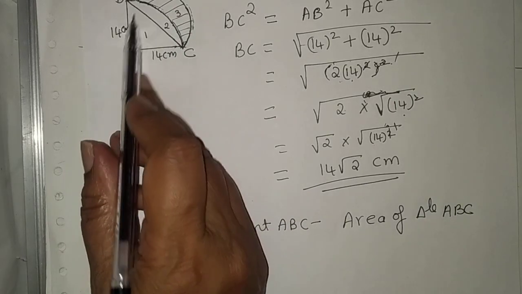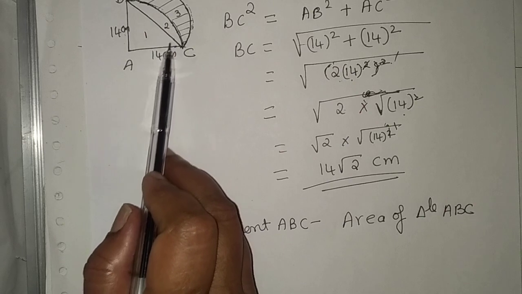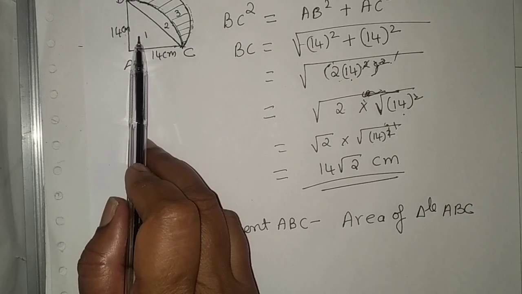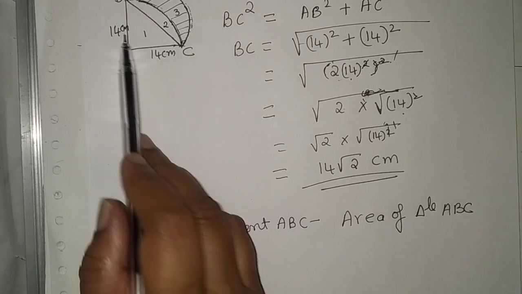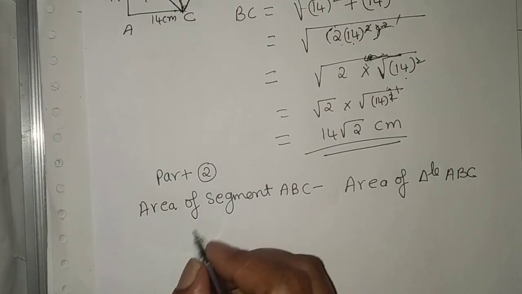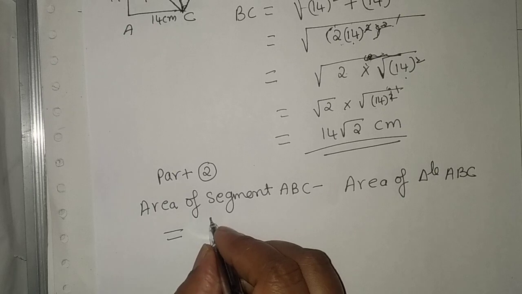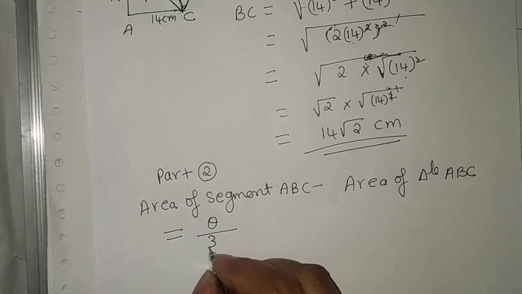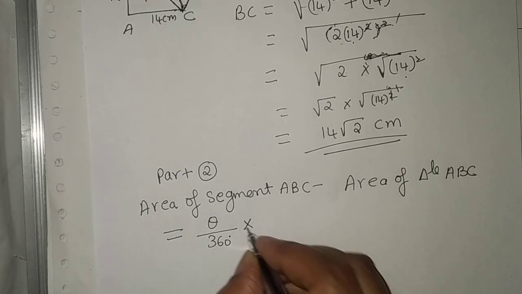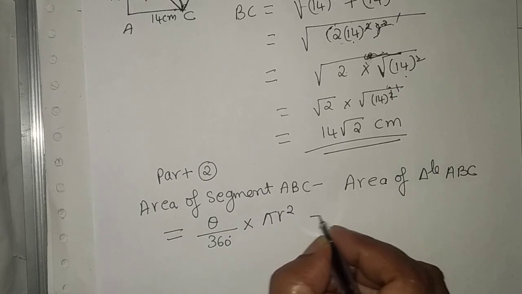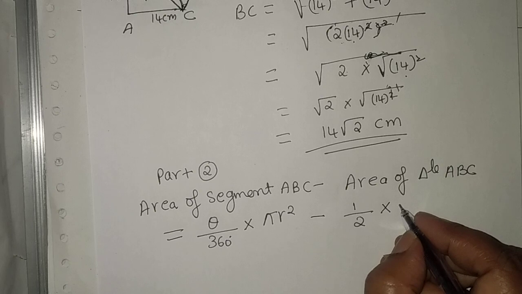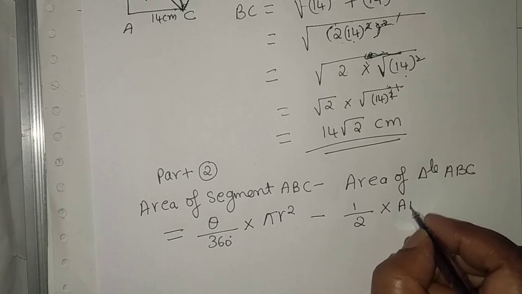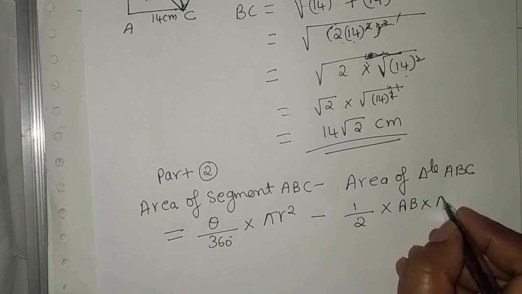So part 2, what is this? This is the area of this full segment ABC and the area of this triangle ABC. So what is the formula? It is theta by 360 into pi r square minus the area of the triangle, which is half into base into height, that is half into AB into AC.